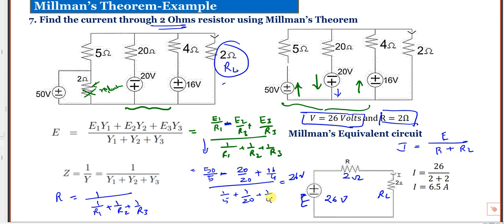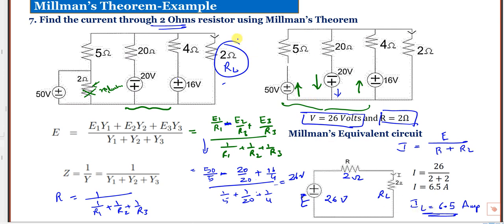So IL is equal to 6.5 amps. This is the answer.